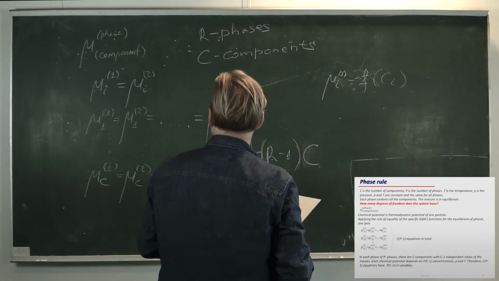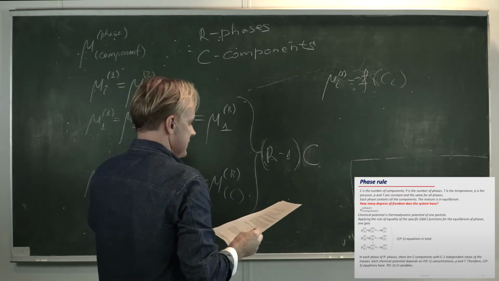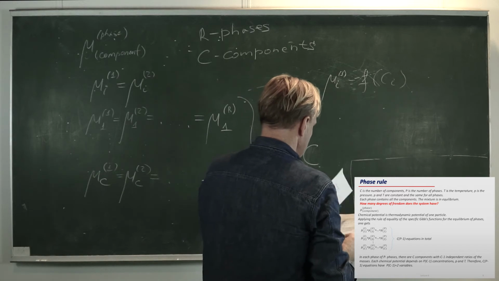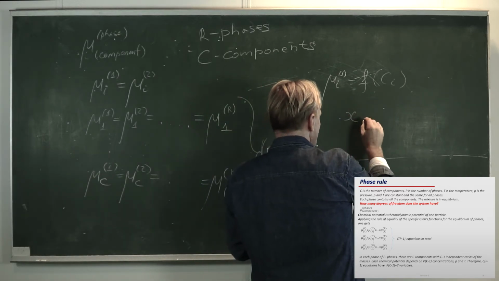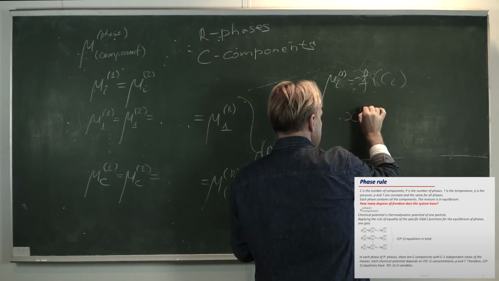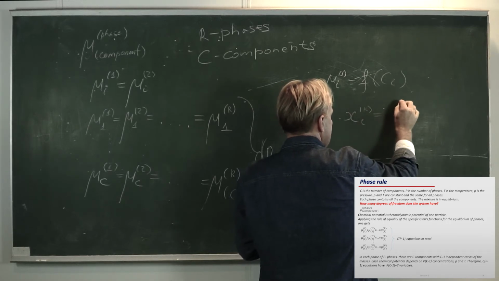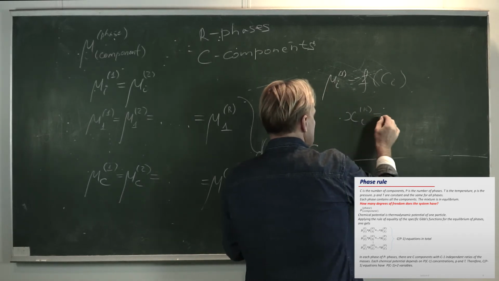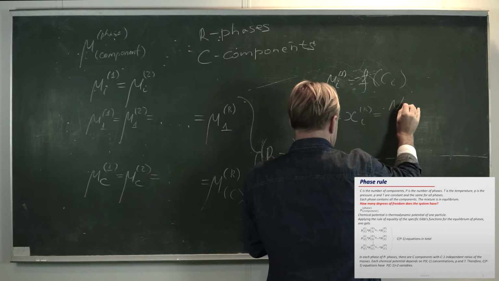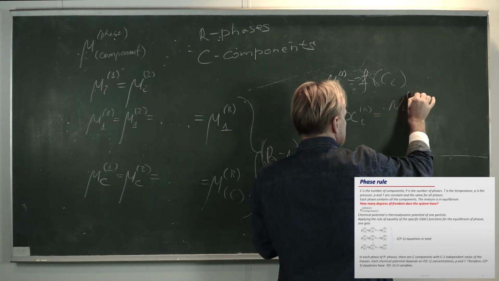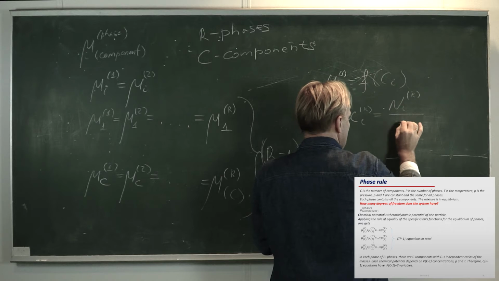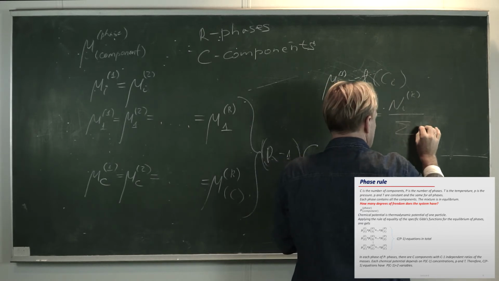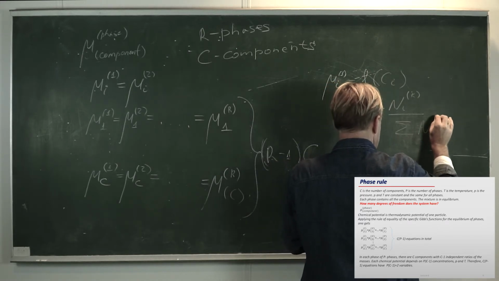How many independent concentrations do we have in this case? Well, if we state that the total number of particles is fixed, then the concentration for the kth phase and ith component will be calculated like this.